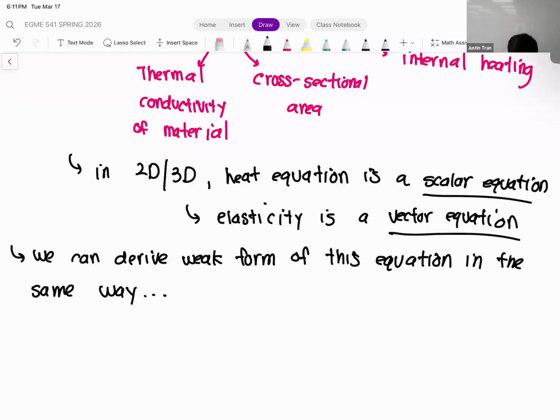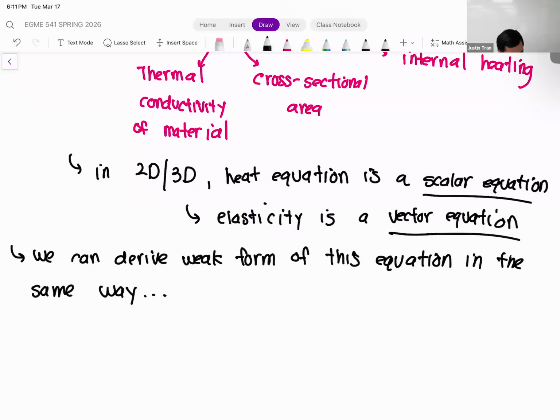You can go through the exact same process that we did earlier in class today, where you multiply by a weighting function, you integrate across the domain, and then you do integration by parts. You can get the weak form in the same way. I'm not going to go through that, even though in the notes I do that.